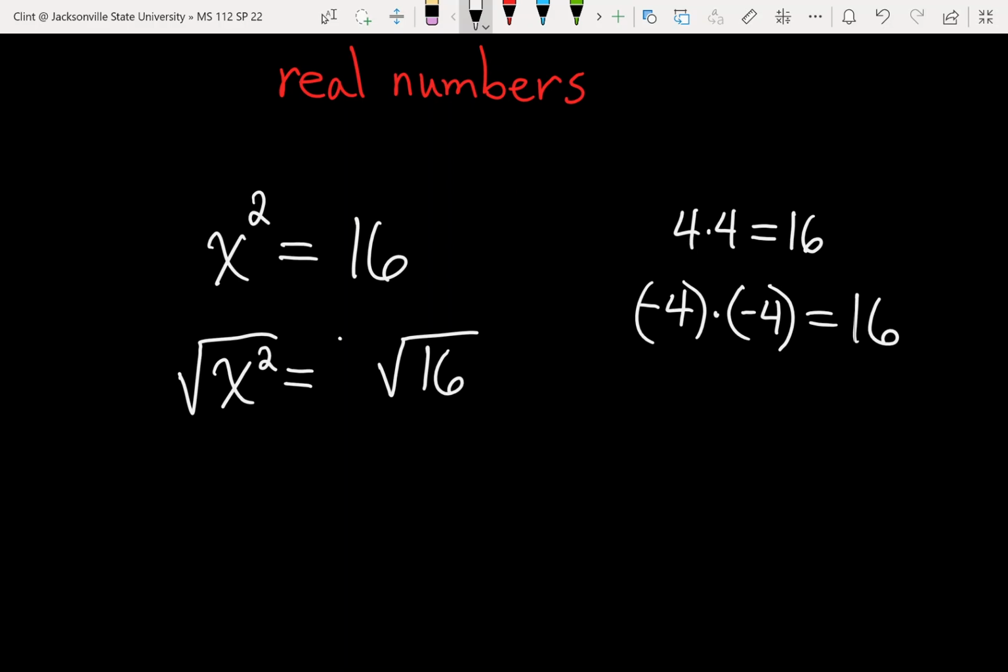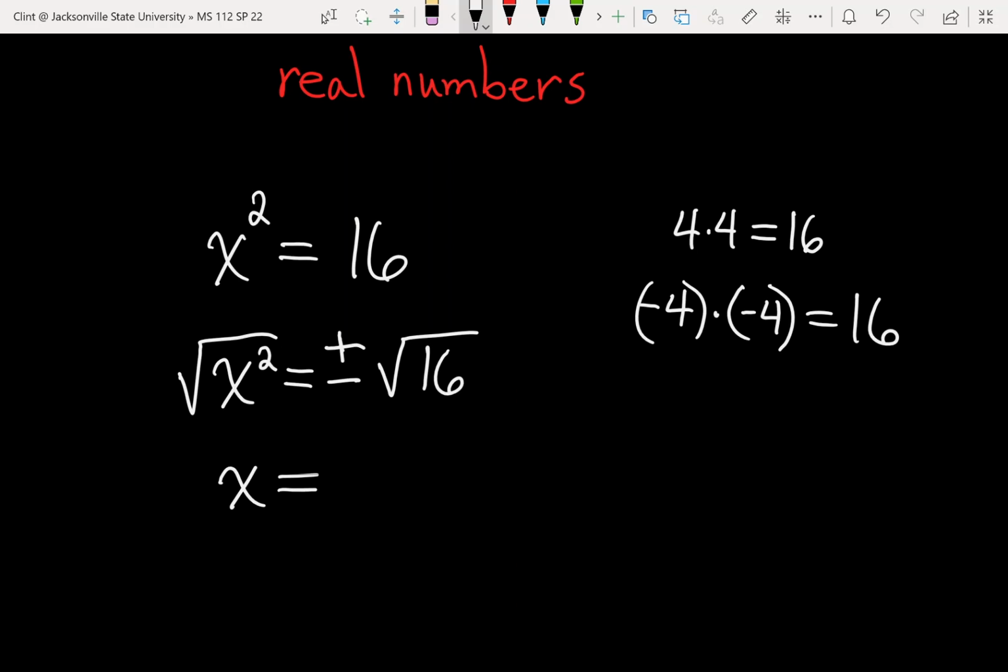So the way we handle that is we'll have plus and minus. Okay? So we'll have the positive answer we get for square root of 16 and the negative answer we get for square root of 16. On the left, when that simplifies, that's just x.